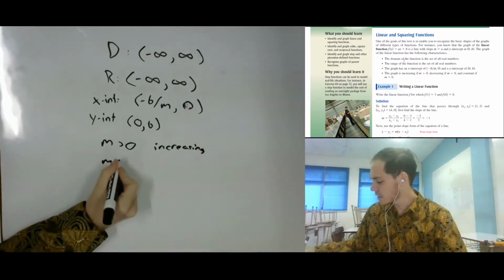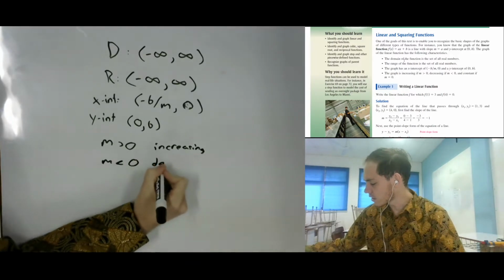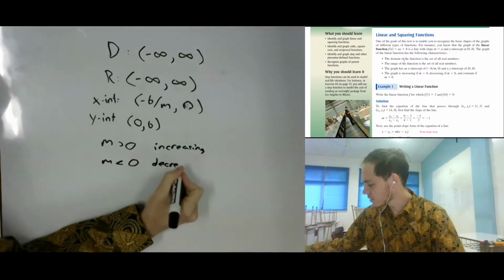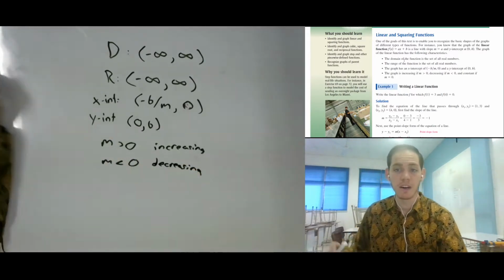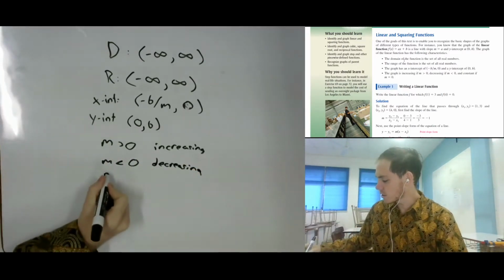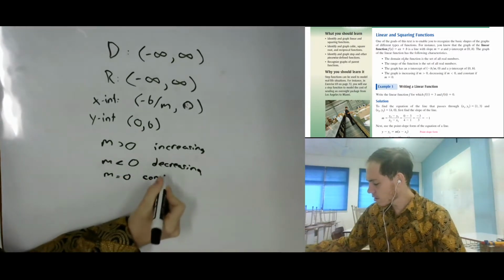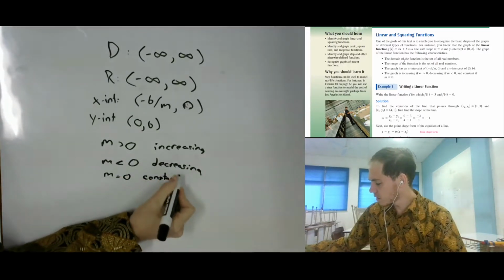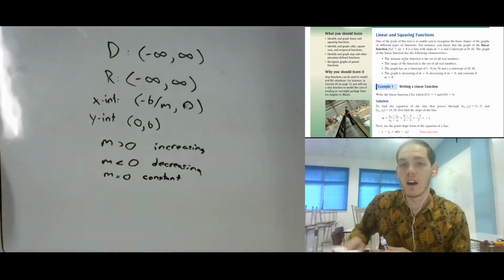If m is less than 0, then you're always going to be decreasing. And if m is 0, it's going to be constant. Okay, so that is for our linear.